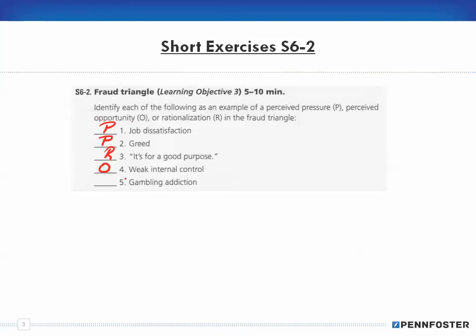If your controls are not strong, then there's an opportunity for someone to take advantage of those weak controls. And then a gambling addiction, that would be, again, a perceived pressure, because I feel pressure from an outside source. I need this money in order to cover my debts. So it would cause someone to commit fraud.